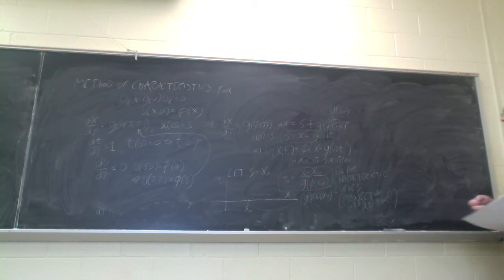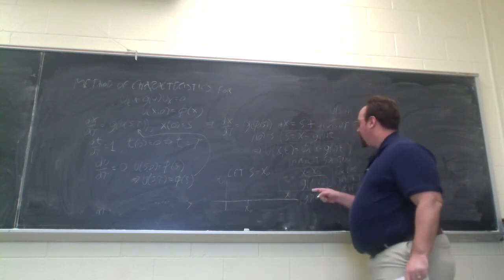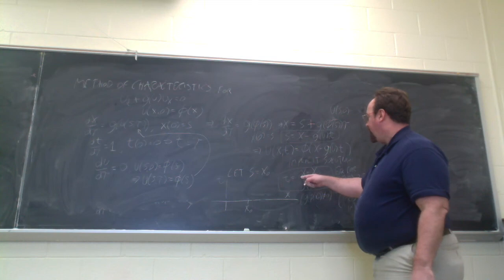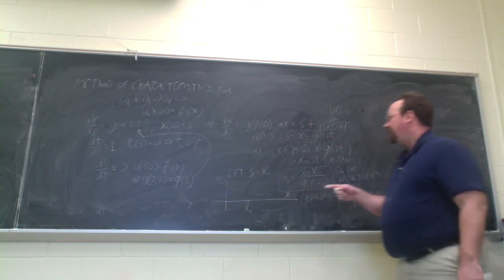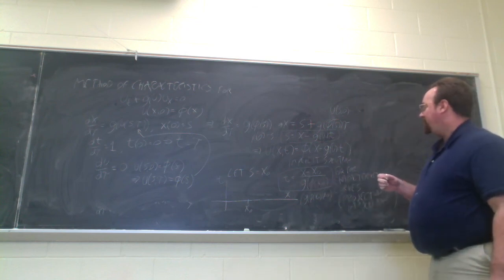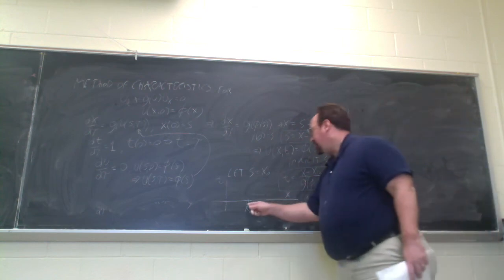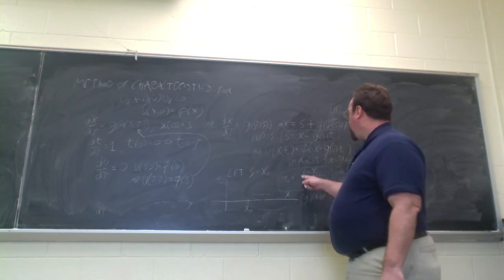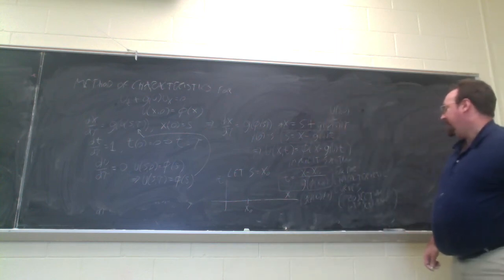So our characteristic curve at any point has this equation. I'm trying to draw this in the xy plane. Its x-intercept is here, but my slope is basically going to be 1 over g.